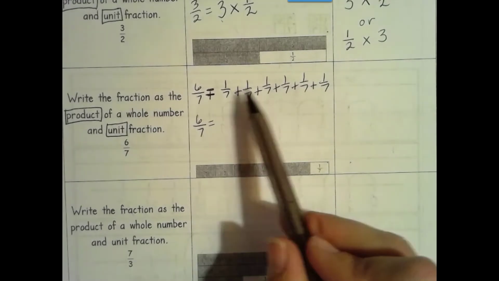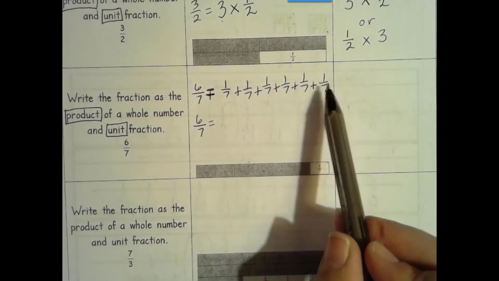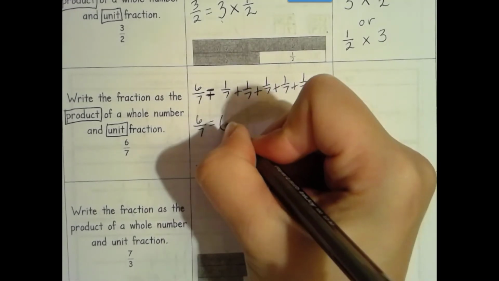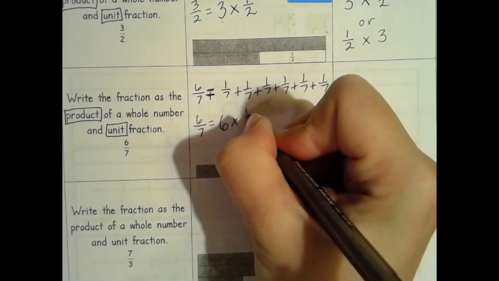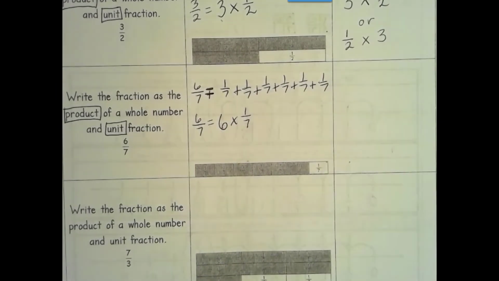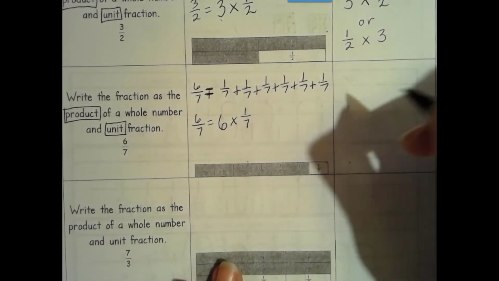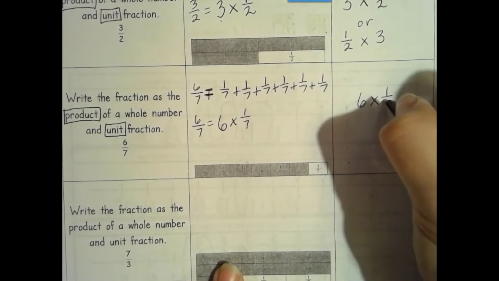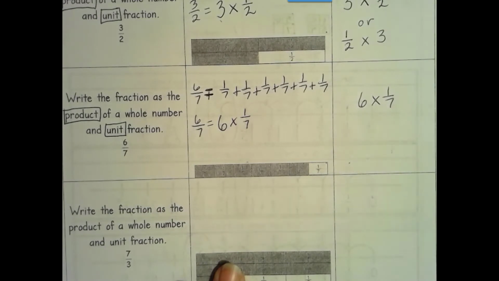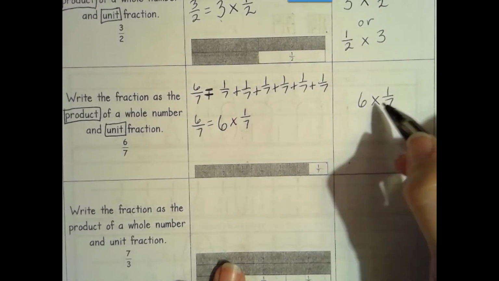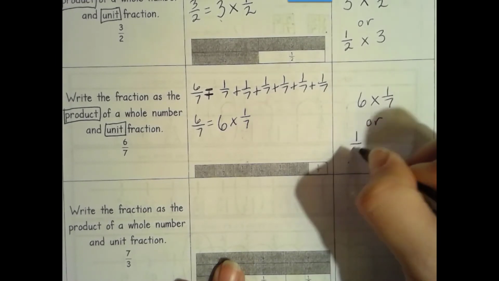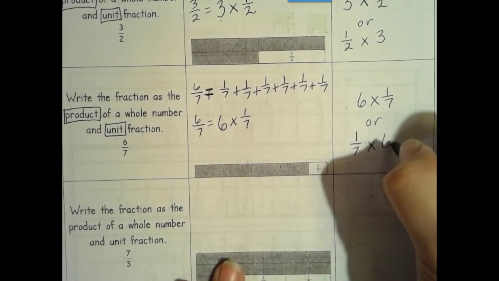So we're joining together 1, 2, 3, 4, 5, 6 groups of 1/7. So our product of our whole number and our unit fraction is 6 groups of 1/7, or 6 times 1/7. Or using that commutative property, we could do 1/7 times 6.